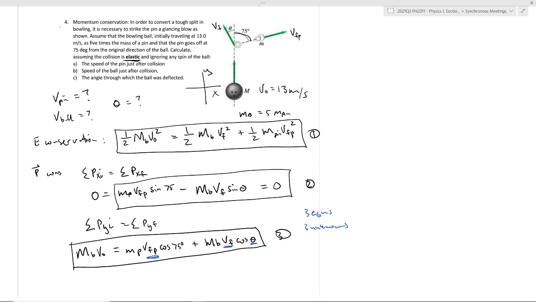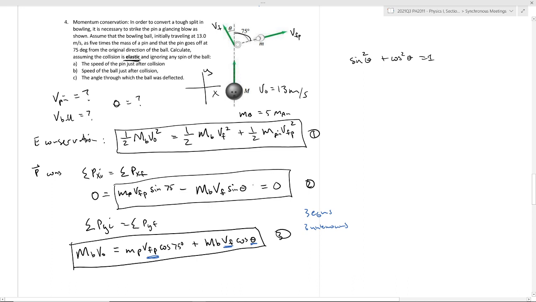One thing you might find with these questions is it's hard dealing with the angles. So why don't we try to eliminate theta? One way is to use the fact that sine squared theta plus cosine squared theta equals 1.